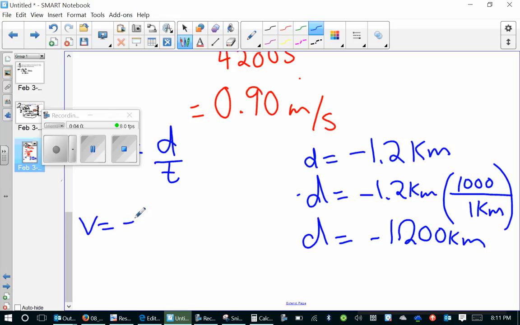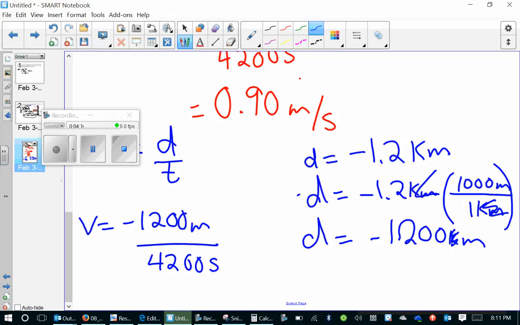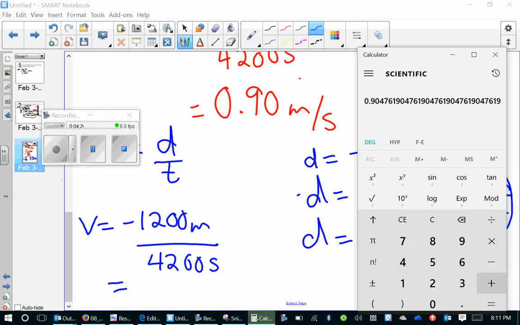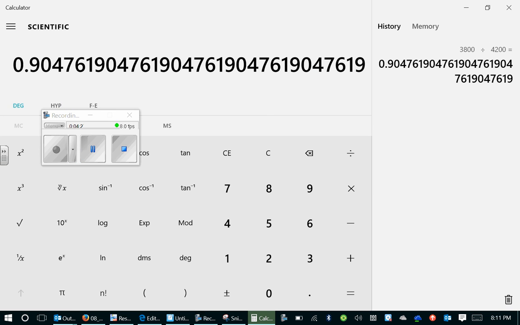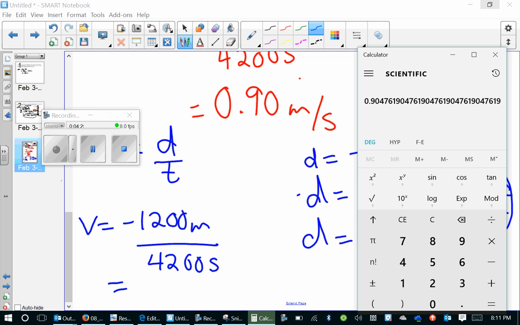My velocity is my, oops, that should be meters. Those cancel out. Meters per same amount of seconds. Grab a calculator. Not sure how to do negative on this one. Oops.